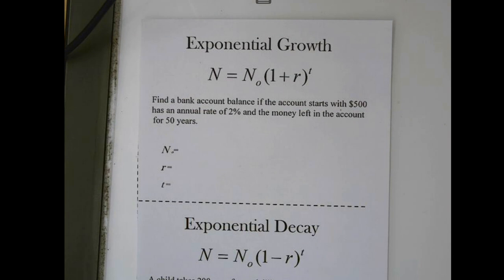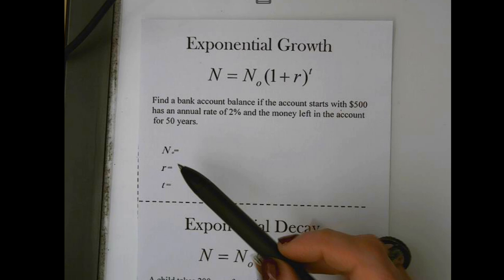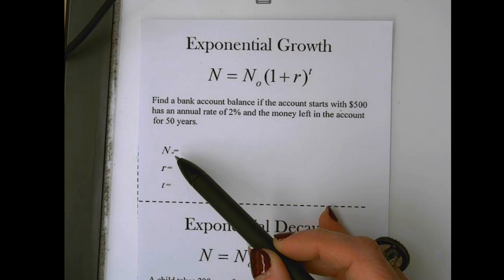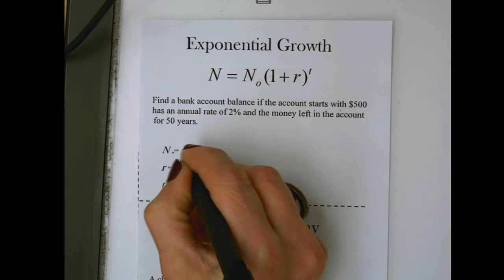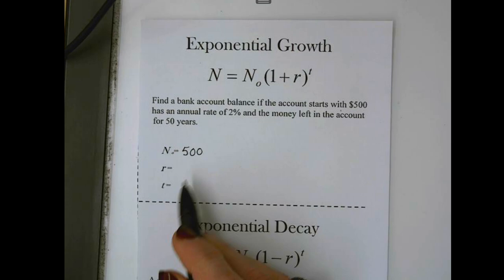We have $500. You have an annual rate of 2%, and you're just going to leave that in for 50 years. So let's see how much interest we would actually earn and what it would be worth at the end of that 50 years. The first thing we're going to do is figure out our initial amount, and that would be the 500. The rate is 2%.